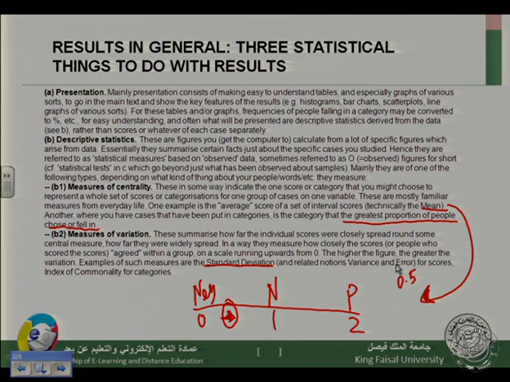Let's say that you are asking your students, is this course easy or not? And the answers are agree, disagree, in between. You want to know how close their answers are. Are they all agreeing that it is easy, or are they disagreeing among each other, and you get a very spread answer?